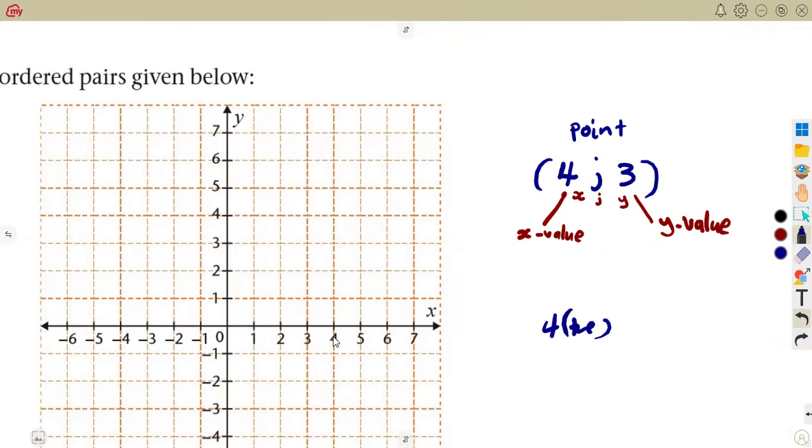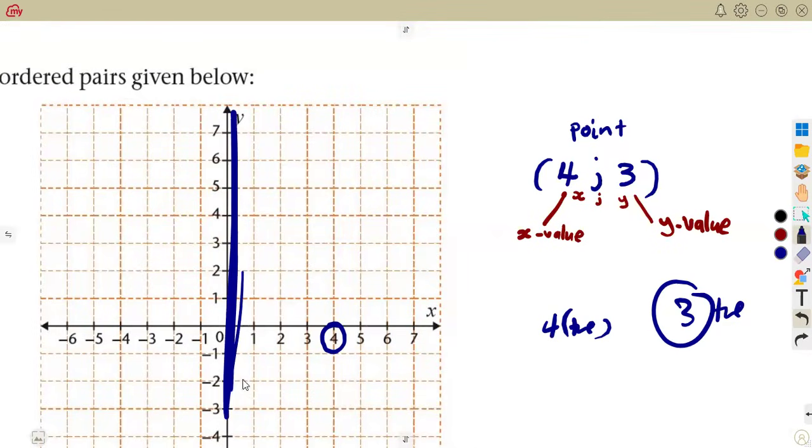So where is 4 positive? Here, this is where our 4 is positive on x. Remember, you're talking of x along the x-axis. The y value is 3, and that value is positive. So where are we having the y value? Here along the y-axis. y is 3 here where it is positive. This is 3.